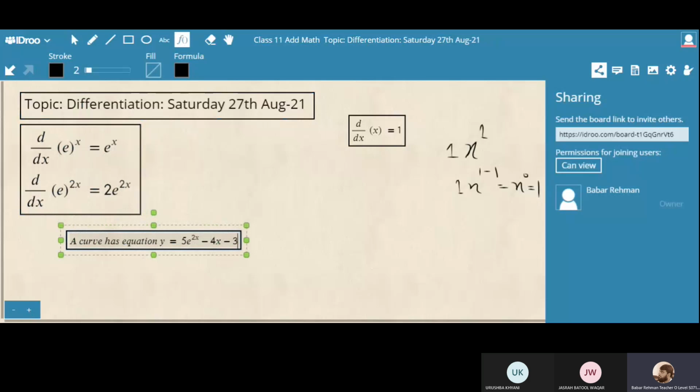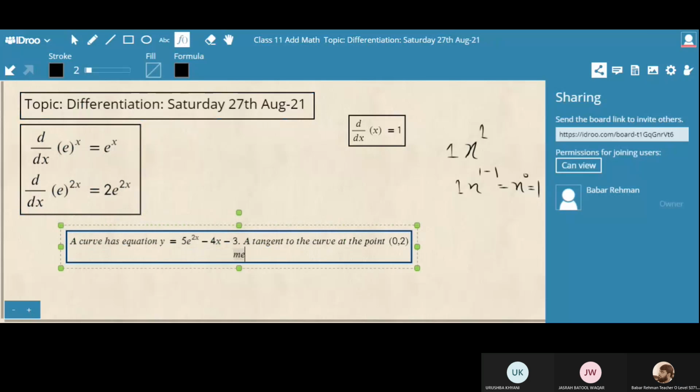The tangent to the curve at the point (0, 2) meets the x-axis at the point A. Find the coordinates of A.